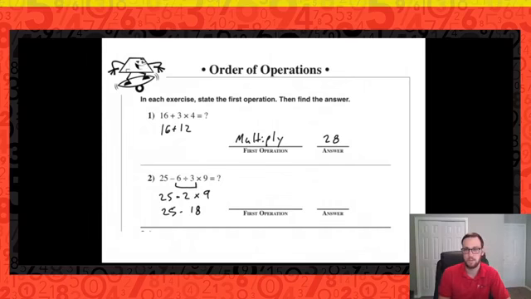If you've been to Mathnasium, maybe you've heard us talking about subtraction of numbers that are close together. Say, how far apart are 25 and 18? Yeah, very good. 7. And what did we say our first operation was? The first thing we did was we did division. We divided 16 by 3. Very nice.